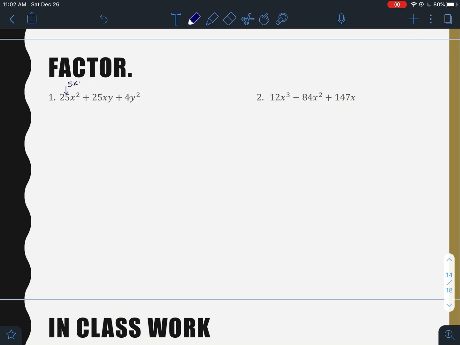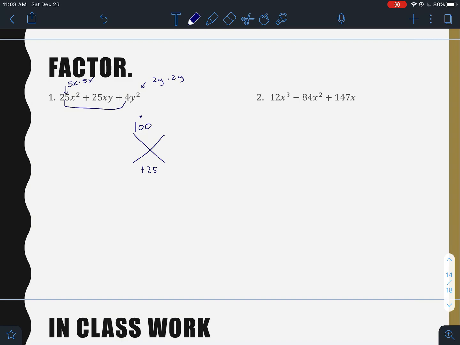So let's look at 25x squared plus 25xy plus 4y squared. 25x squared is 5x times 5x. 4y squared is 2y times 2y. And so if I go to factor this, let's see if it ends up being 5x plus 2y squared. If I took 25 times 4, I'd get 100. So can I multiply to 100 and add to 25?